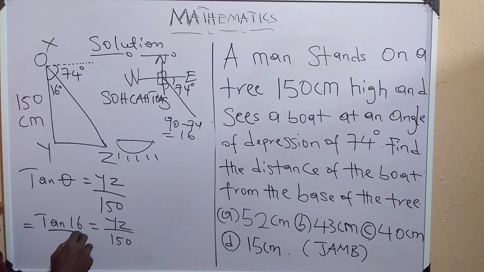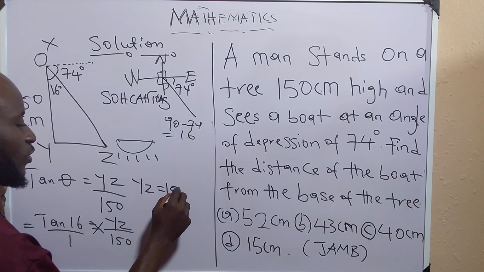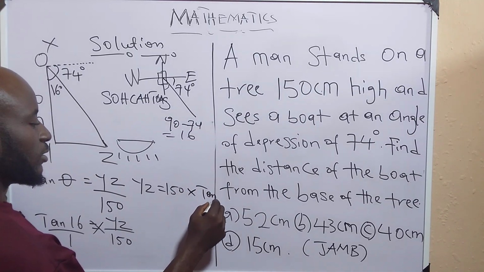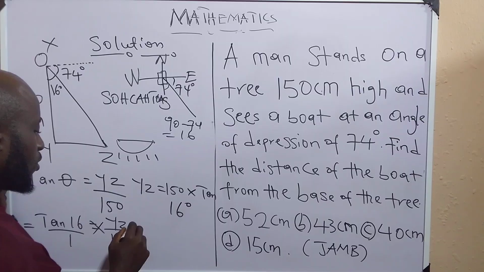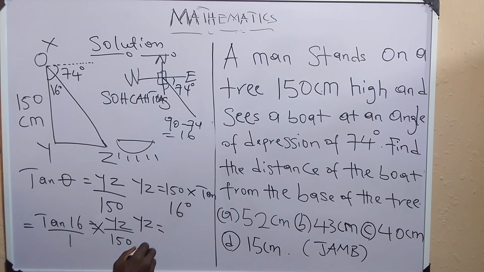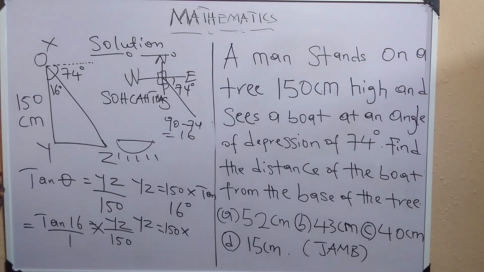And you're looking for YZ, so you cross multiply. That means YZ is equal to 150 multiplied by tan 16 degrees.